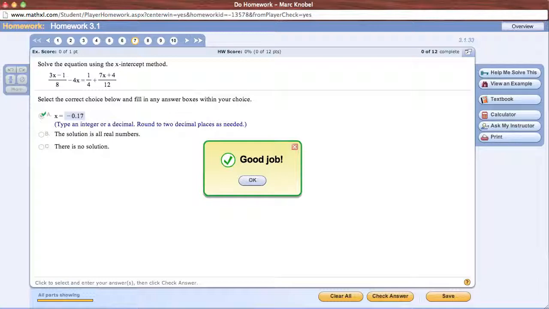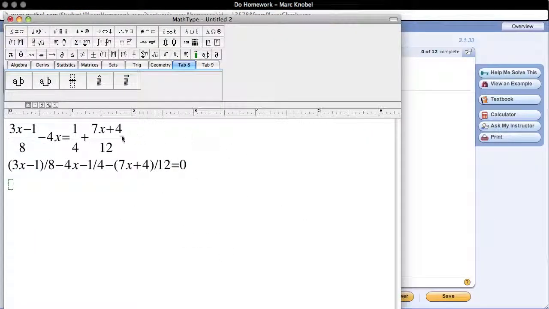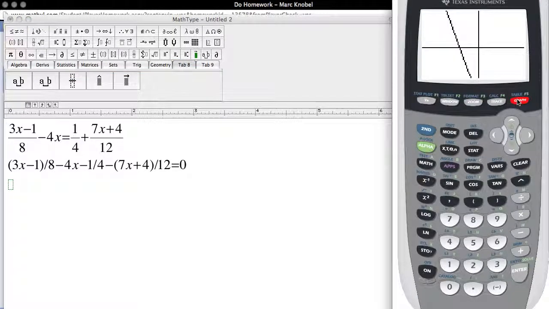If we just quickly go back and review what we did, we started with our original equation here. We set one side equal to 0 by moving terms on the left or the right side to the other side, so I form an equivalent equation. The side that's not equal to 0 gets graphed as y1 as we did on our graphing calculator. So on the graphing calculator, we find the x-intercept of the graph.